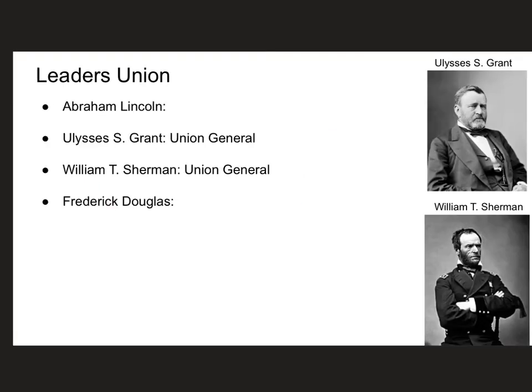So some of the important figures of the Union, so of the North. The Union was known as the North. So obviously we had Abraham Lincoln, and he wanted to unite. He wanted to keep everybody together. We have Ulysses S. Grant over here to our right, and he was the Union general. Lincoln was known for saying he was the right man for the job.